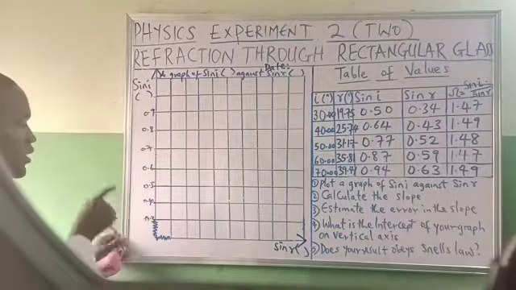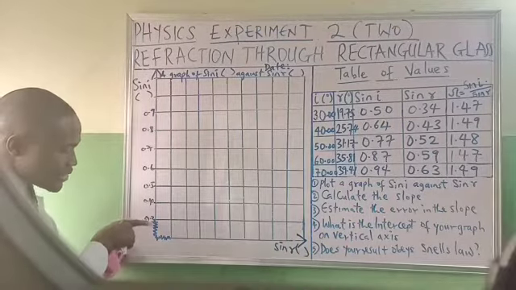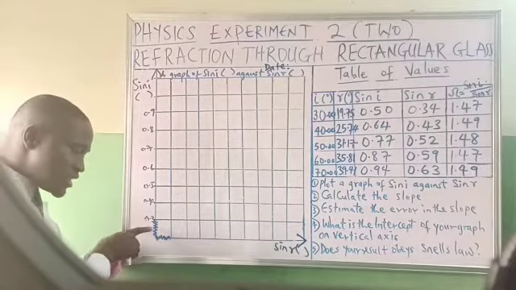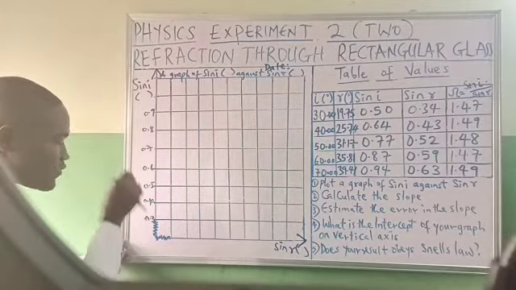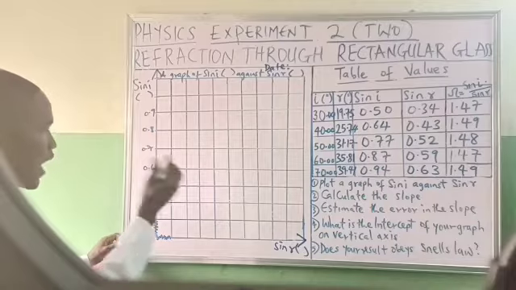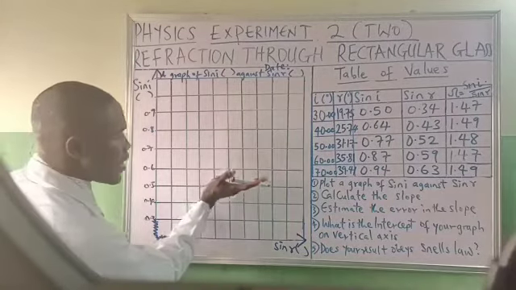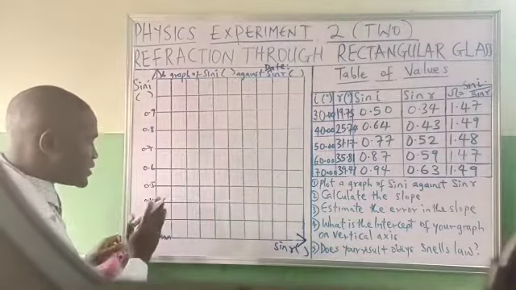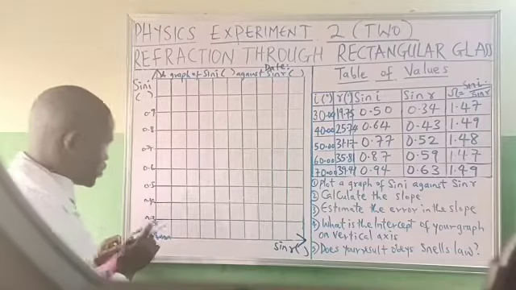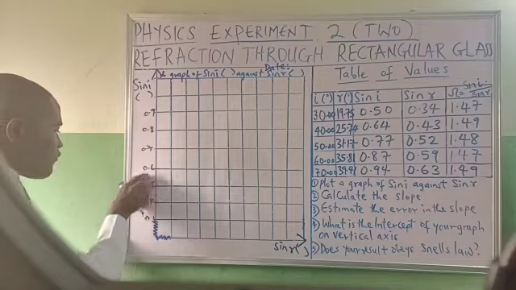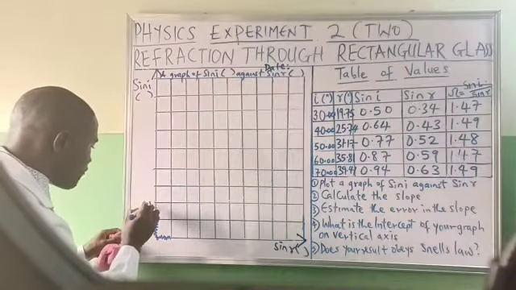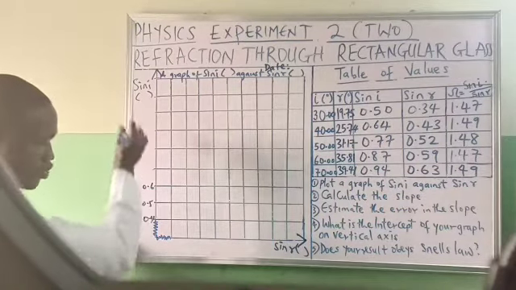That means 0.3 is where I start, but this zigzag is sending a message that you observe starting from the origin. Now, when you are plotting from 5 here and go up, at least these spaces are not too much. You can as well start from 0.4, 0.5, 0.6, and so on.